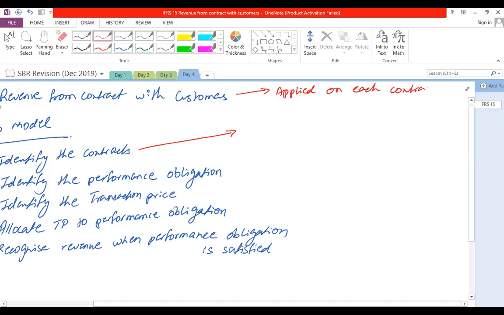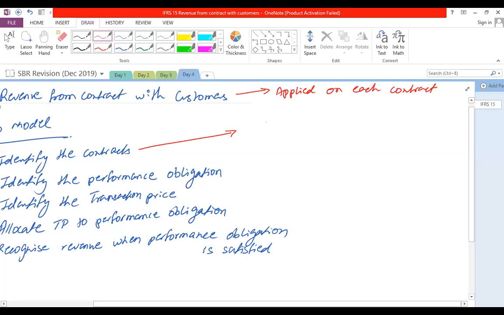Every contract is dealt with separately, but IFRS 15 still allows that similar contracts can be aggregated and then accounted for all together. That is allowed as per IFRS 15, although the core objective of IFRS 15 is to identify each contract separately. So if we have contracts signed with 10 different customers, we have to identify all the 10 different contracts.